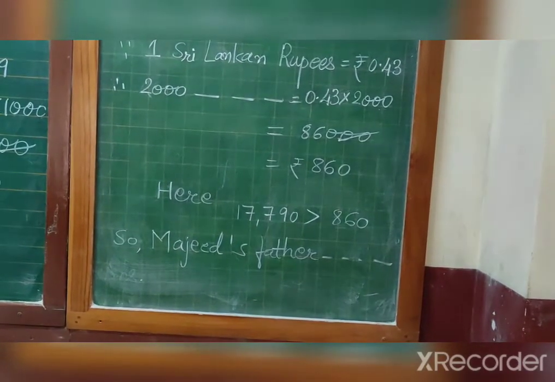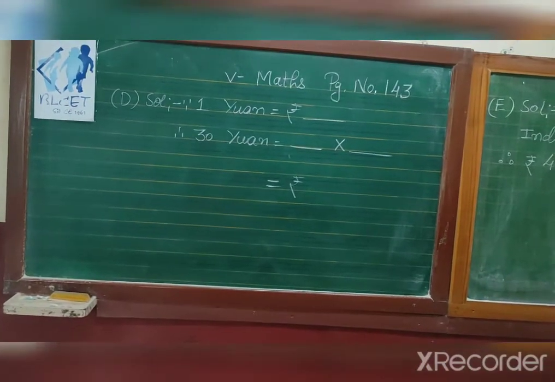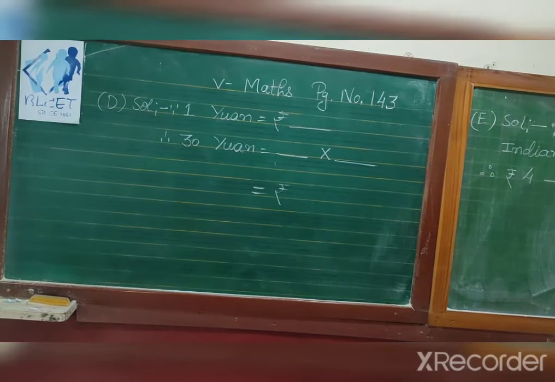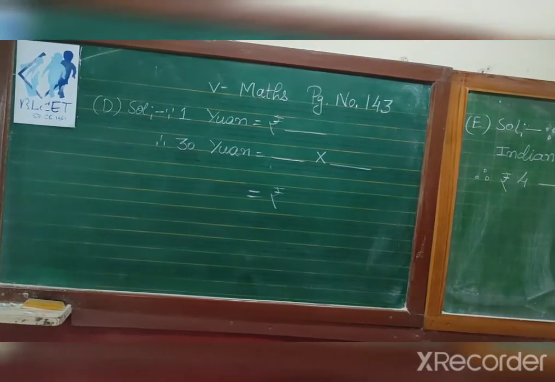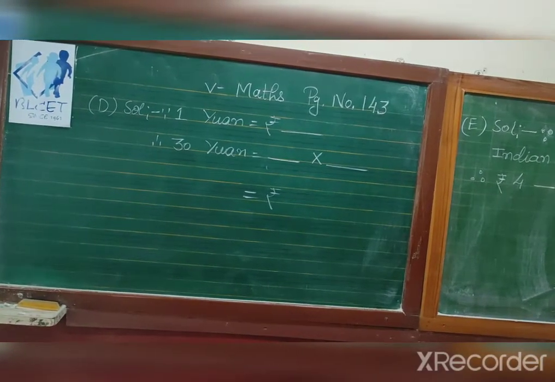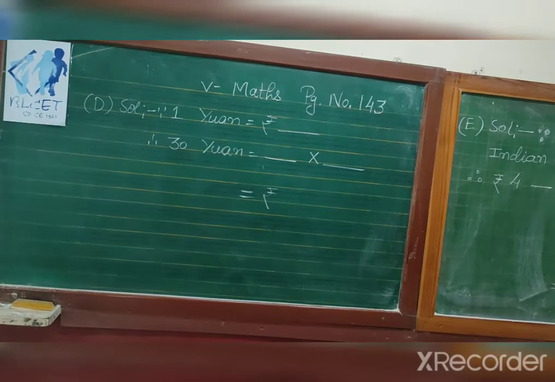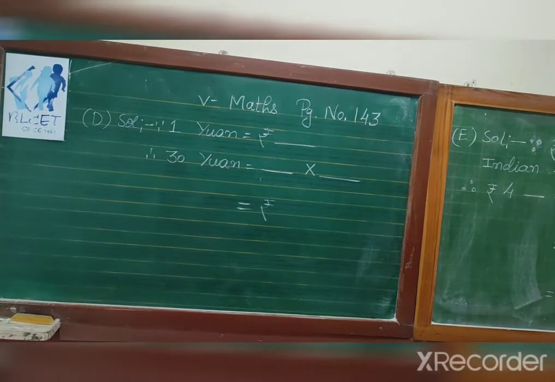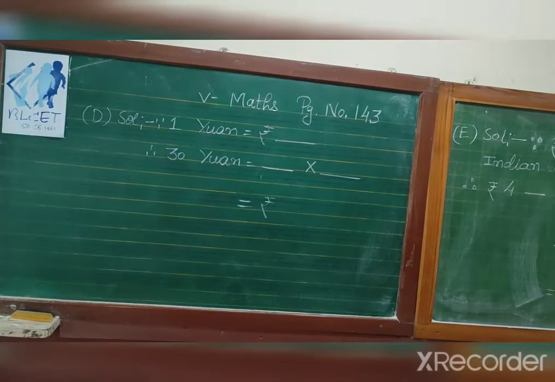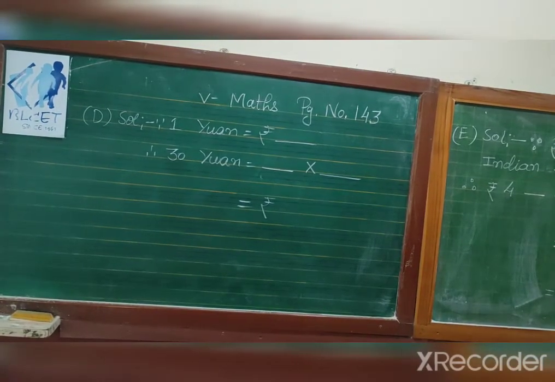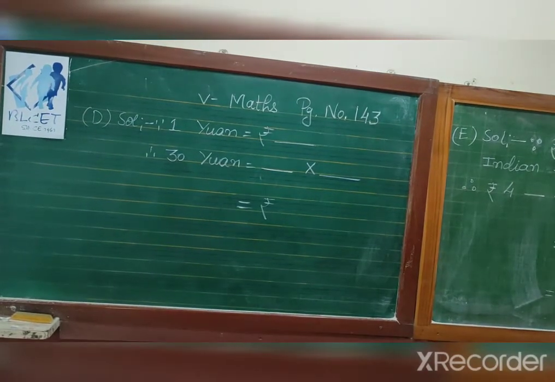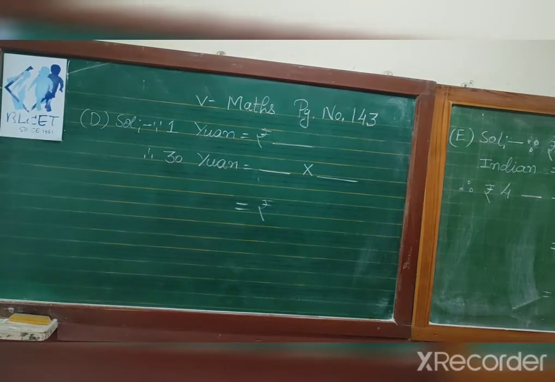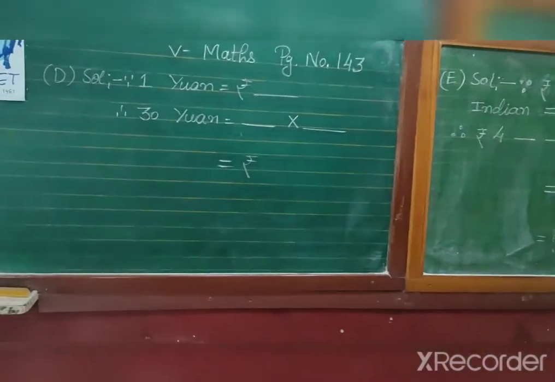Now the next question is, Lena's aunty brought a present for her from China. It cost 30 yuan. Find what it costs in Indian rupees. So first we will calculate for 1 yuan and then 30 yuan. You will write, given the cost price of a present is 30 yuan in China.